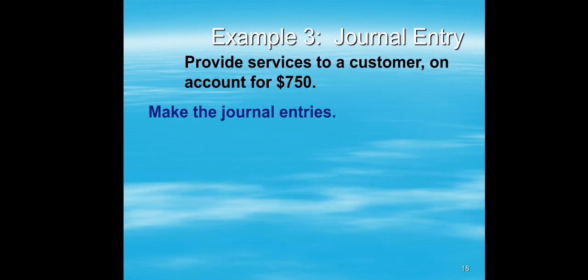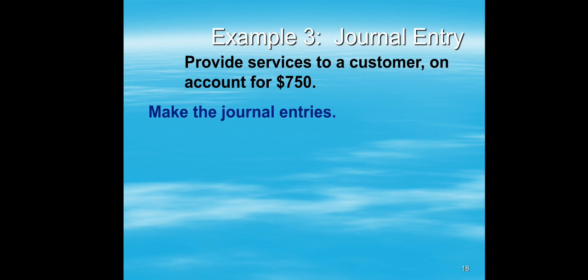Okay, example number 3, journal entry. The business provides services to a customer on account for 750. So the thing that happened is like this. The business has provided services to a customer. Let's say the date is today.